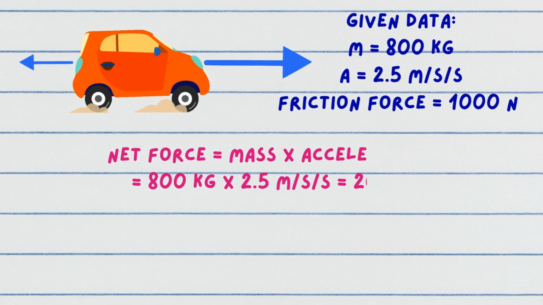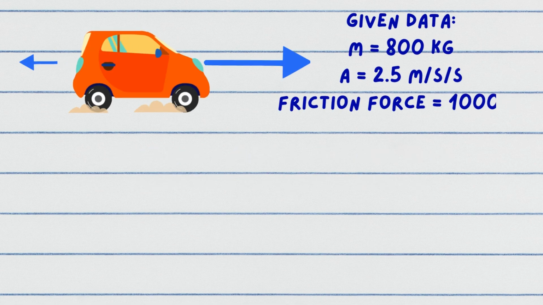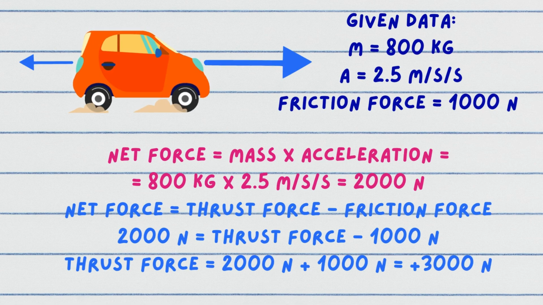So net force is mass times acceleration. So we can figure out the net force, which is 800 kilograms times 2.5 meters per second squared, and that equals 2000 newtons. Net force is equal to the forward thrust force minus the reverse friction force. So 2000 newtons equals thrust force minus 1000 newtons. So we get thrust force equals 3000 newtons in the forward direction.